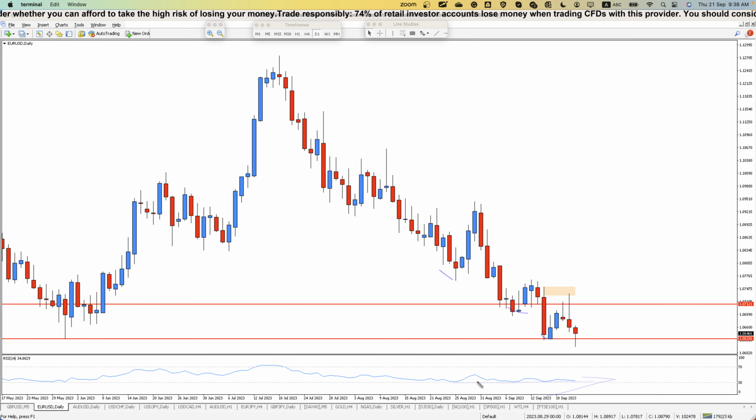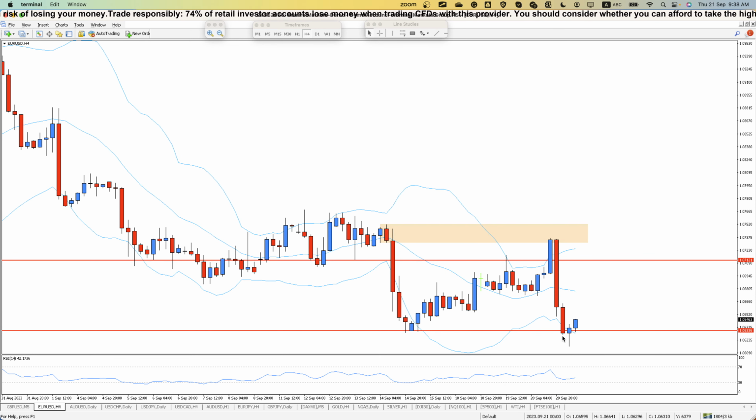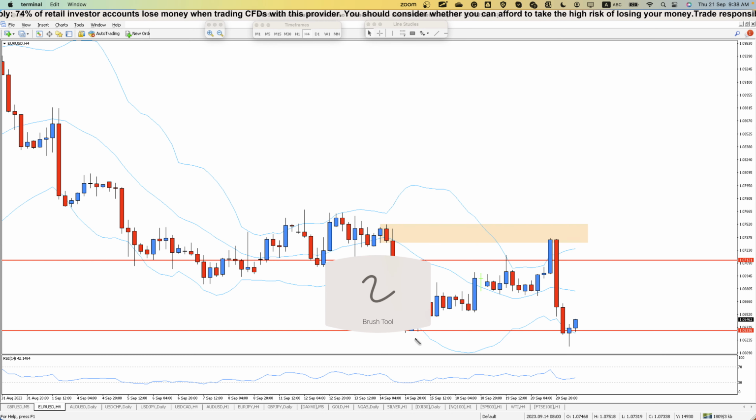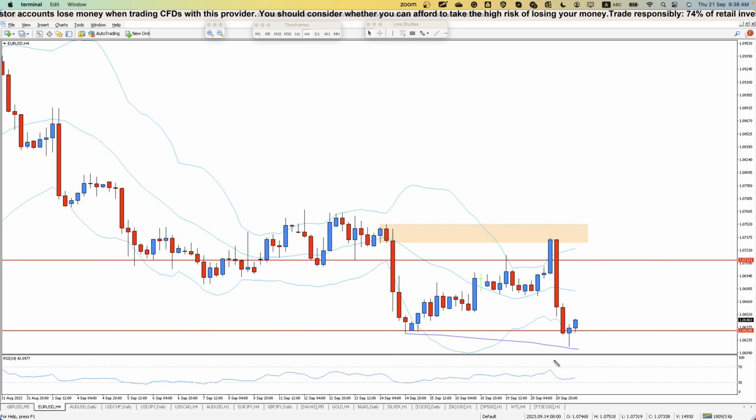It doesn't follow the price momentum. We go on the 4-hour chart. That's a nice hammer on the 4-hour chart. Price made a lower low, indicator made a higher low. So the first thing on our checklist is done.